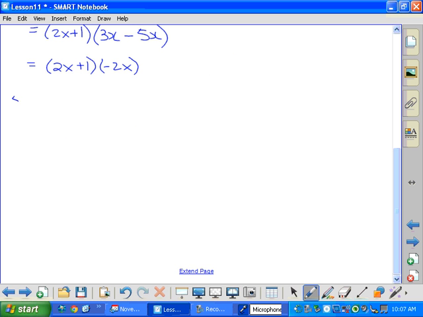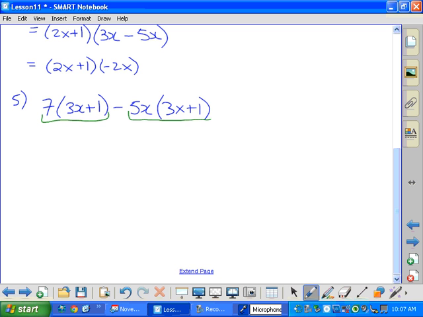I'll give you one more example with that. So if we have 7 multiplied by 3x plus 1 minus 5x times 3x plus 1. Now that you've seen it once, you start saying, hey, there are 2 terms here because they're separated by that subtraction sign. I see a 3x plus 1, 3x plus 1. That must be a common factor.